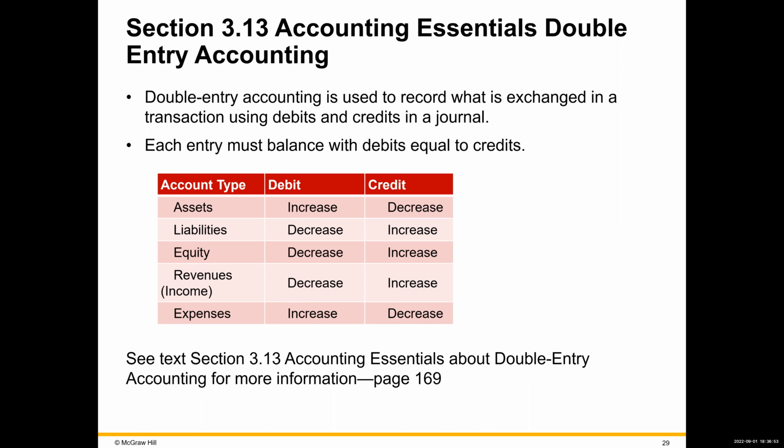Because if something goes wrong, you got to know how to fix it. That's why these guys make six figures, because they know how it works. And part of that skill is to know basic accounting. So here, you got to know that an asset is increased with a debit and an asset is decreased with a credit. So you can kind of review that. It's a good review. All right.